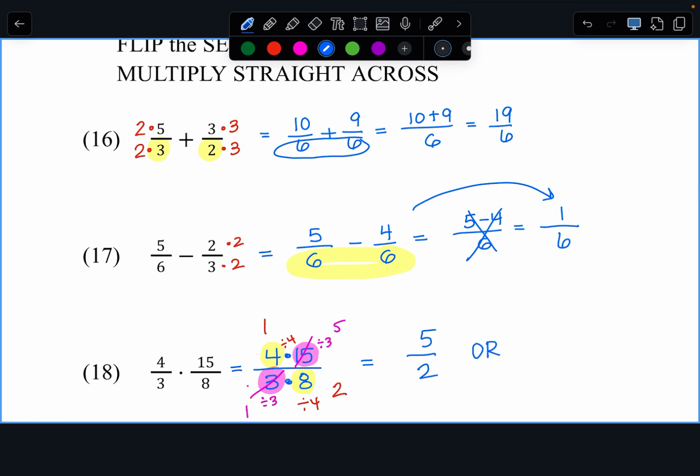Or 60 over 24, and then we'd have to divide by its common piece. This was when we just multiplied straight across instead of reducing first, which is totally fine, and then you'd have to reduce after. Okay?